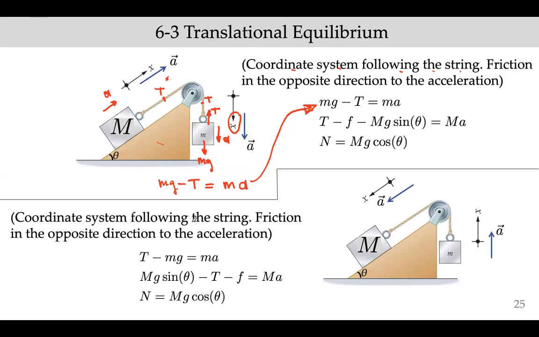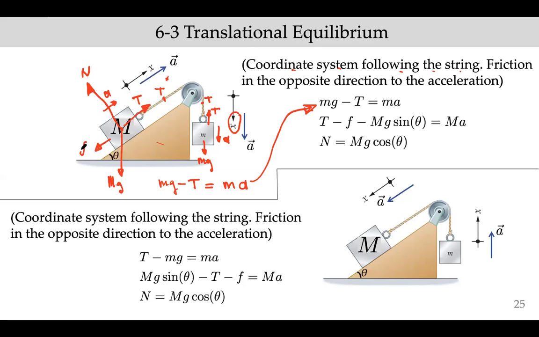Okay, now let's move to this larger mass. So let's write down the forces. First of all, it has uppercase M, G as its weight. Now there's definitely a normal force because it's on the surface. And there's the tension, which is pulling it up. And there's also a friction force, which is in the opposite direction.